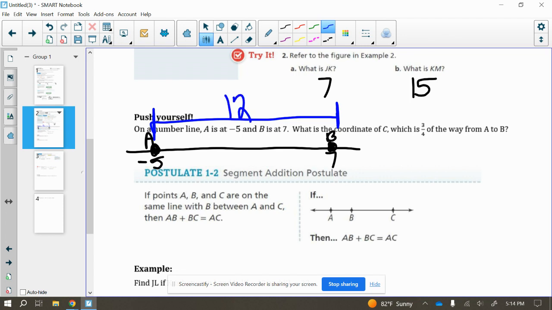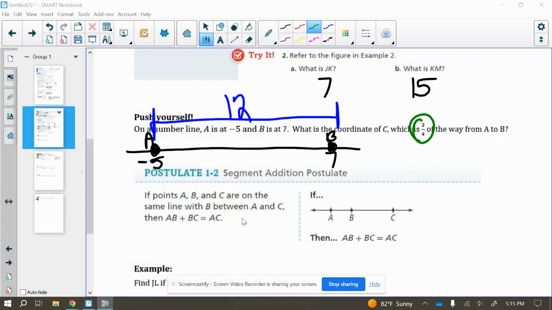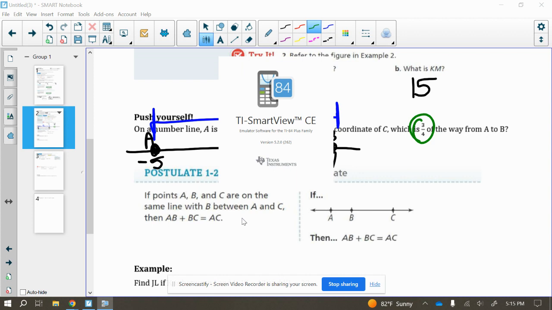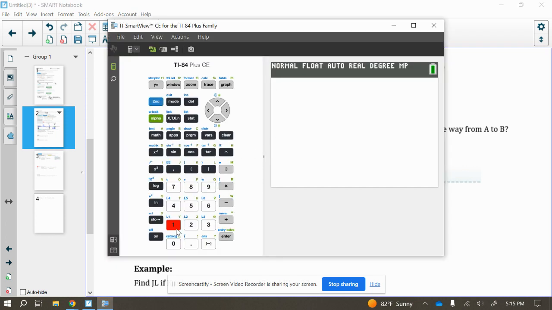But we only want to go 3/4 of that distance. So to go 3/4 of the distance, we're going to take our original distance of 12 and multiply it by that 3/4. Reminder: to type a fraction in your calculator, you can just take 12 and multiply it by that fractional value.